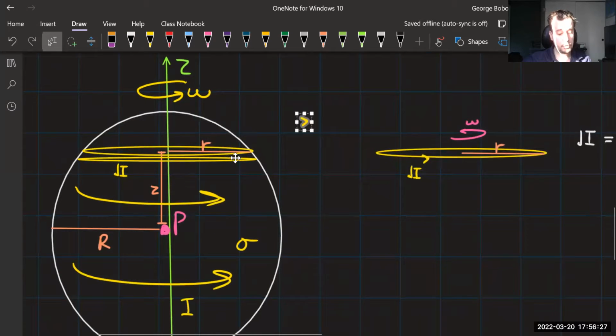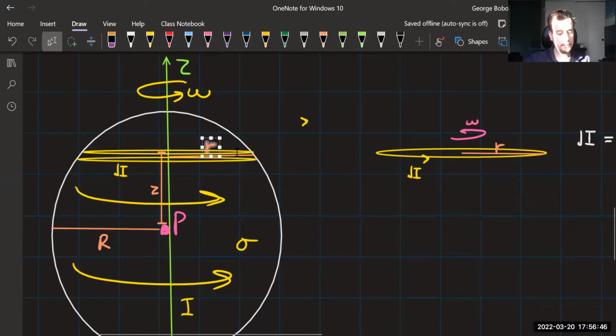In fact, that's what I'm doing here. I'm smearing this little ring across the surface of the sphere, and it creates a little area if we do that. The little r is the average radius of these two rings that I've drawn over here.